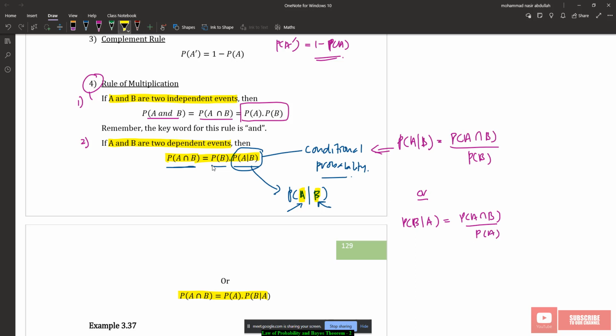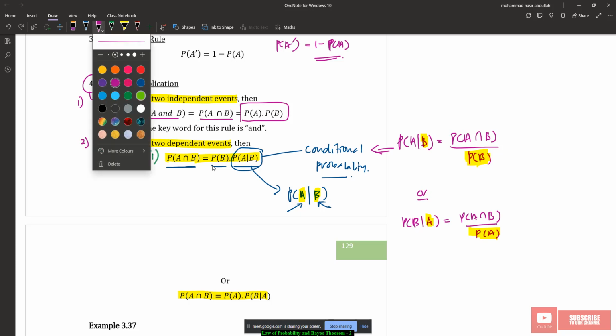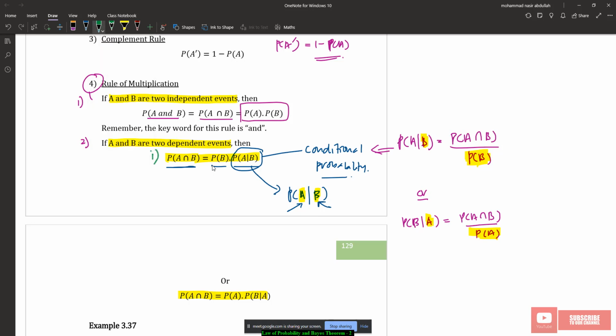You can see the difference here. So bila B sudah berlaku, B will be at the denominator. A sudah berlaku, A will be at the denominator. So macam mana I dapat this formula, the first formula here? Because I do some manipulation. So I bawa ni ke sini.